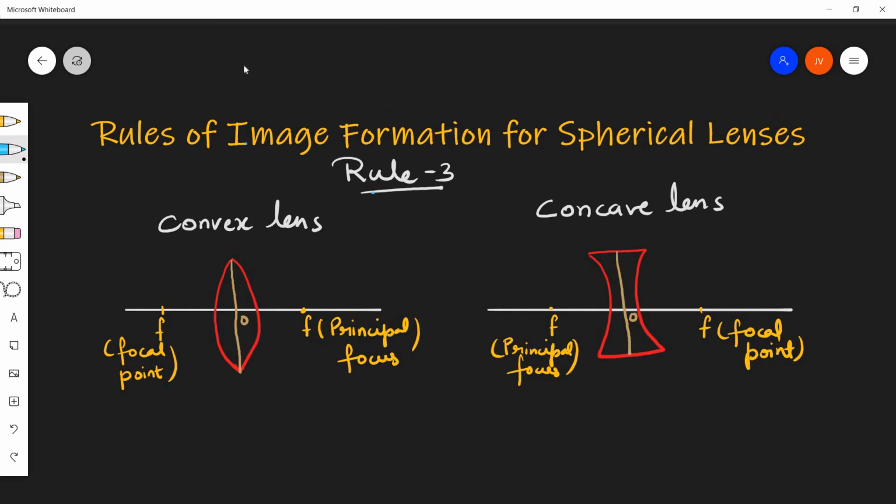Now let's see the third rule of image formation. When a ray of light passes from one medium to another, the ray of light bends. That is what is meant by refraction.